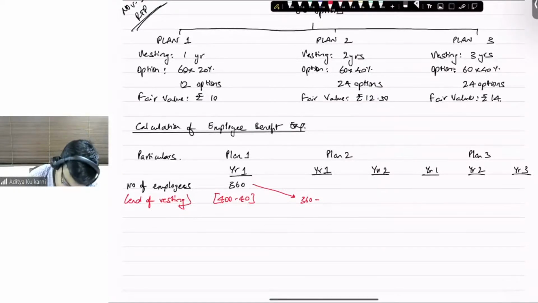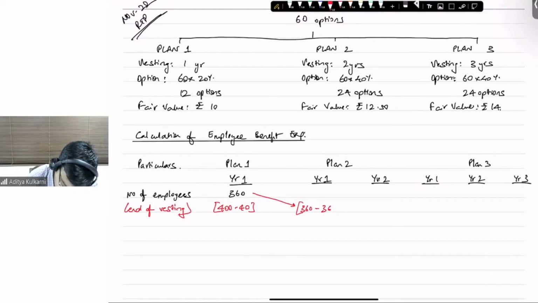Sir, I am expecting 36 to leave. So at the end of year 1, you are expecting that 324 employees will be there at the end of year 2 also. So you base your calculations on 324 employees. Is it okay? Yes. So 360 minus 36.